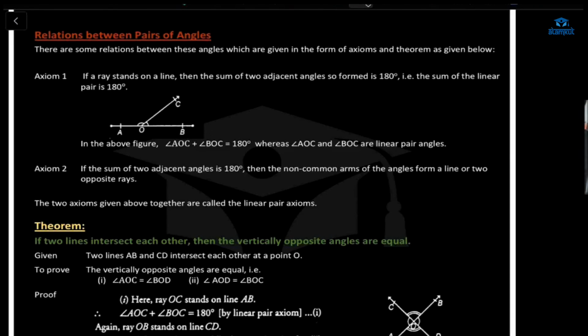Ma'am, so any lines except parallel ones, if they are not parallel, they have to be intersecting at some point. On which side it will intersect, we don't know.